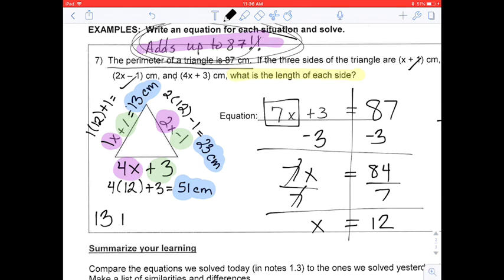So let's just check real quick. 13 plus 23 plus 51. If I add those up, what number should I get? My perimeter, I should get 87. So let's see. 13 plus 23 plus 51 equals 87. Perfect.